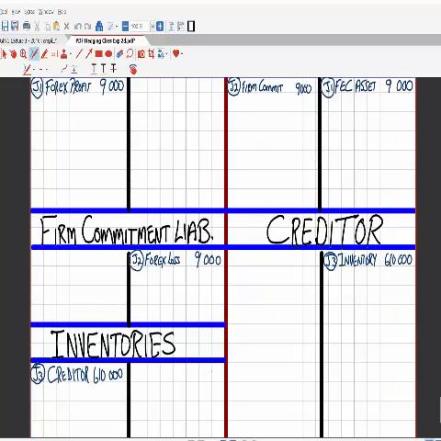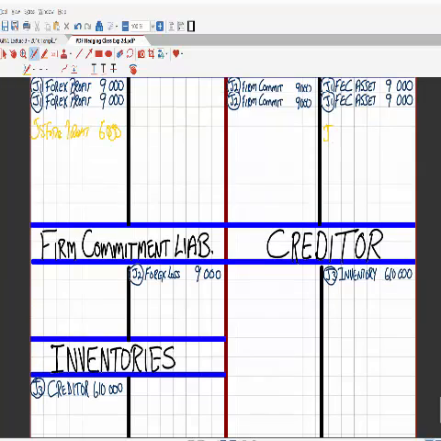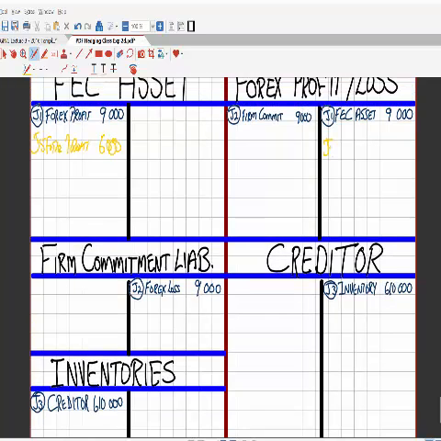So let's do those entries for you. Firstly, the FEC, journal number 5. Again, forex profit, and in this case it is 6,000 as we calculated, and there you'll have journal number 5, FEC asset, and it is 6,000.